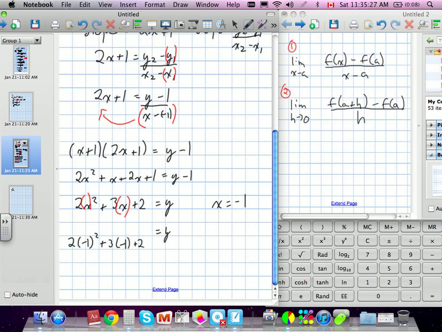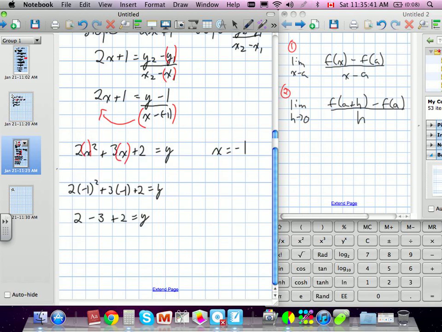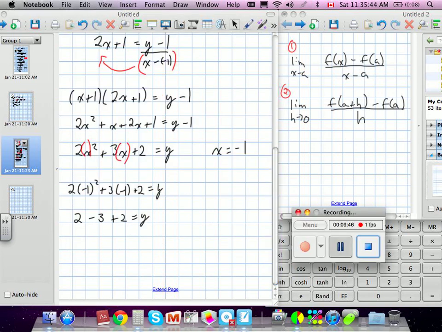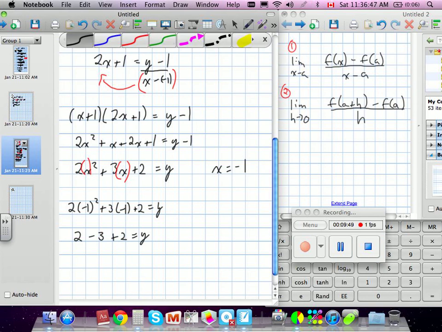We get 2 minus 3 plus 2 equals y. Is that going to work? No. It's not going to work. So I'm not sure if my adding was where I mixed up. 2 plus 2 is 4. Minus 3 is y. y equals 1, which is what they were looking for. So slope of this at that point is 1.